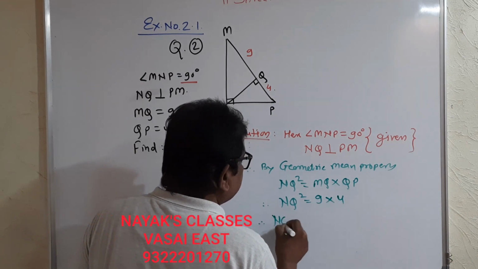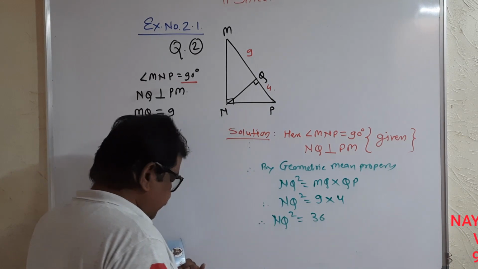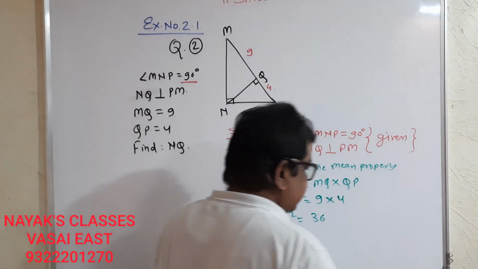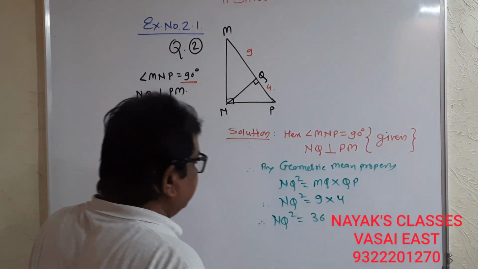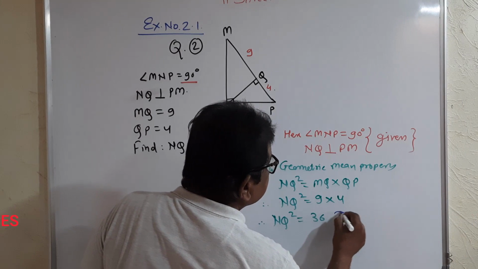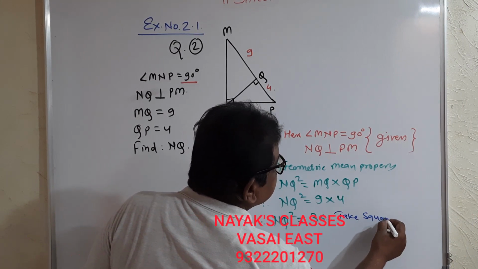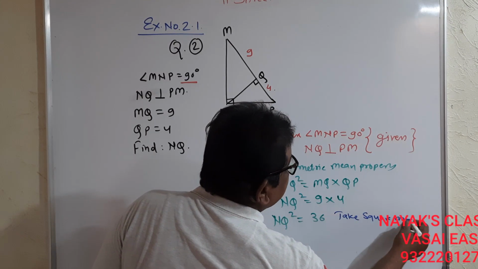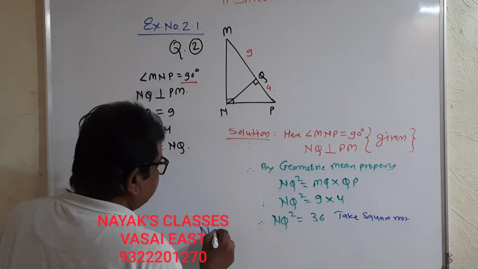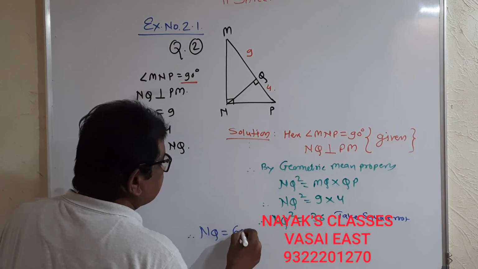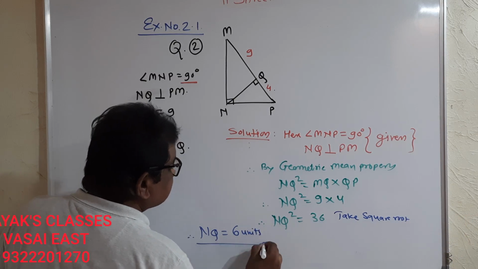Therefore, NQ square is equal to 36. So we have to take the square root. Therefore, NQ is equal to 6 units. This is the answer.